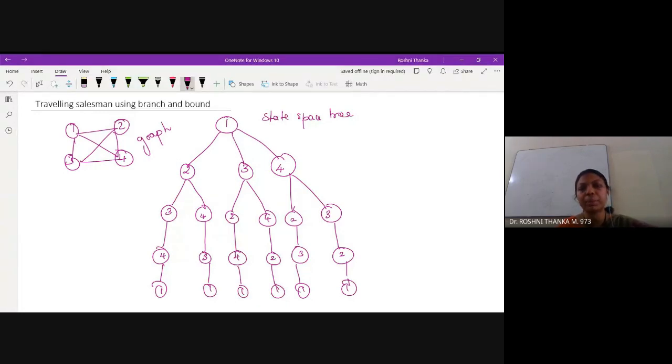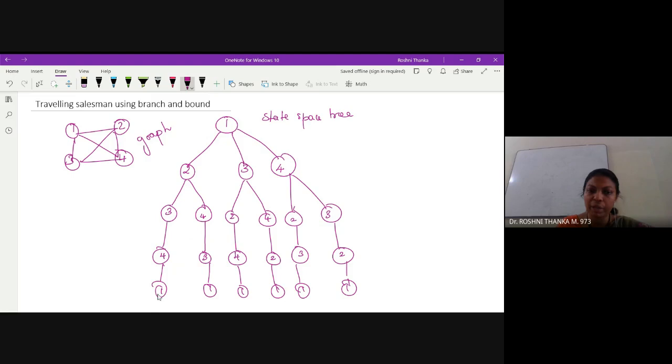The difference between backtracking and branch and bound is this: in backtracking, we move from the root node, coming down, down, down.